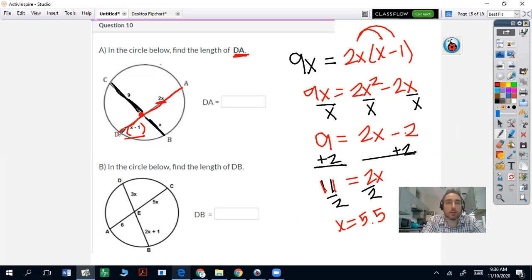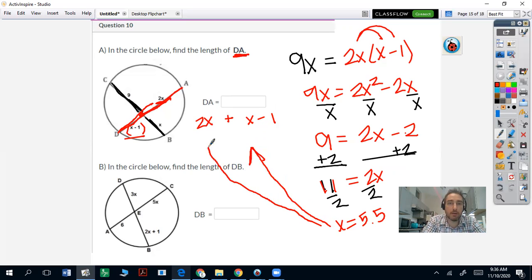Now we can answer the question. So what is dA? Well, dA is going to be the 2x plus the x minus 1. Now we have the value of x, right? We're going to plug in that 5.5. So 2 times 5.5, well, that's 11. And then we have 5.5 minus 1.